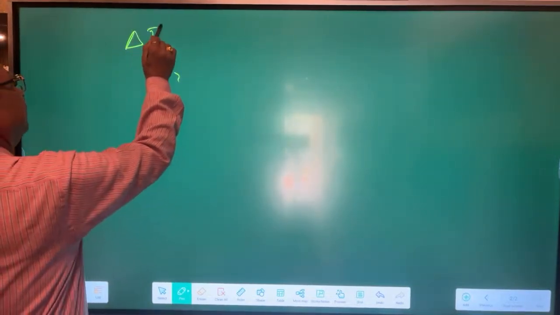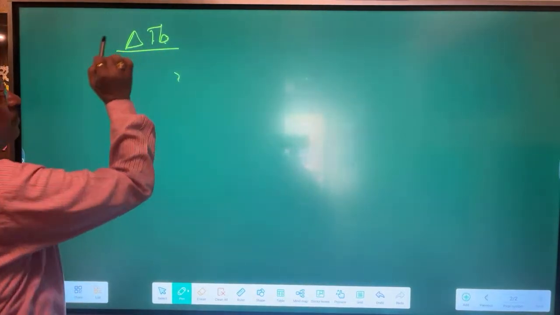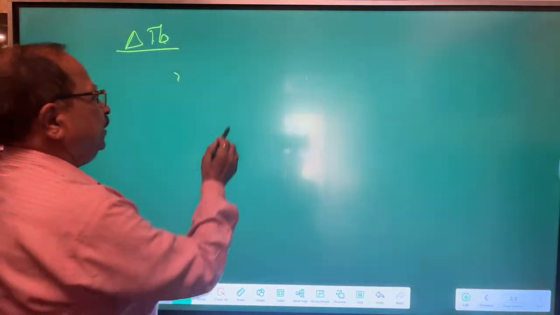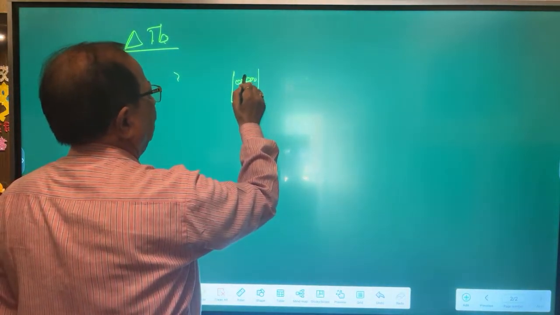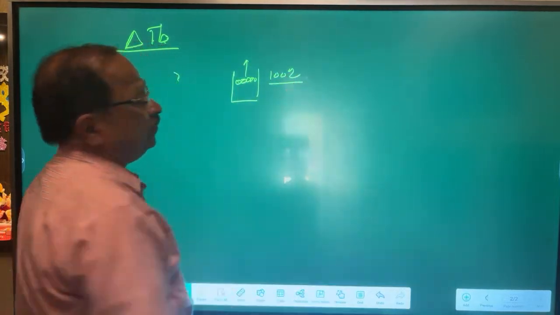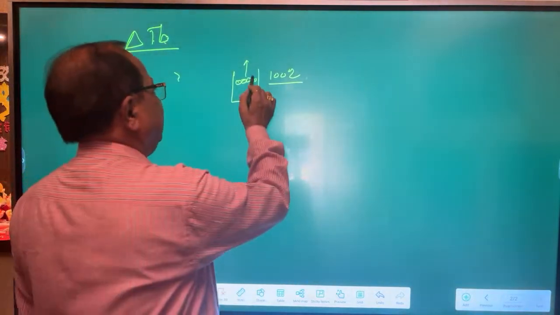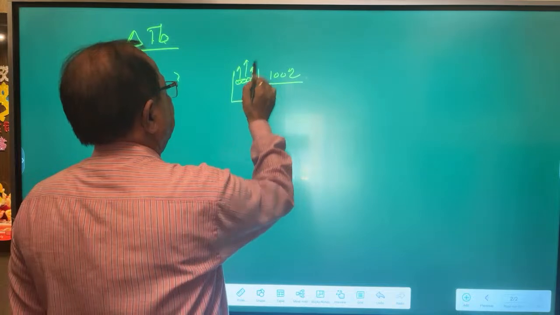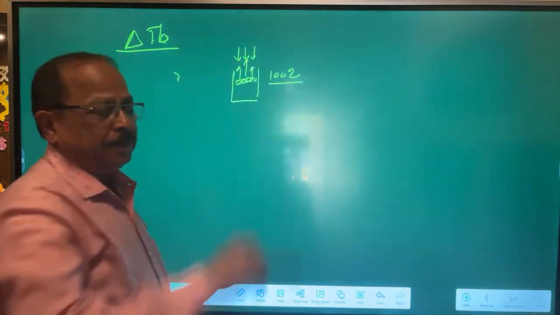Delta TV, boiling temperature, this represents the change. Suppose a liquid boils, let's think of water, it boils at 100 degrees centigrade. Another important question which is asked is, when does a liquid boil? A liquid boils when the vapor pressure of that liquid, on raising temperature, becomes exactly equal to the pressure above it.